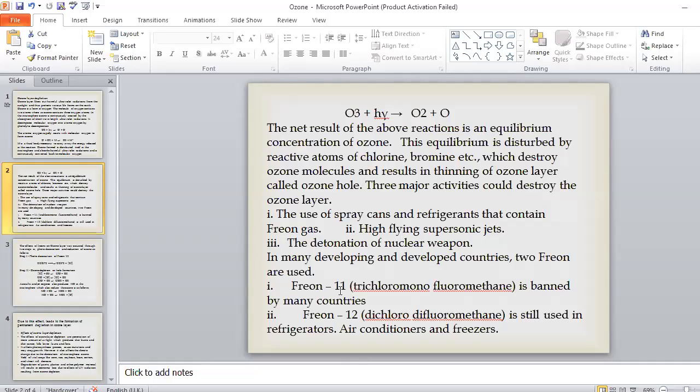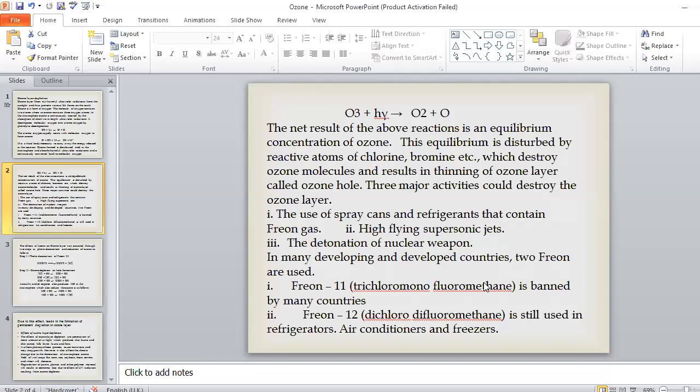Freon 11 is nothing but trichloromonofluoromethane, that is, instead of methane, the hydrogen atoms are replaced by chlorine and fluorine. This compound contributes chlorine as well as bromine.